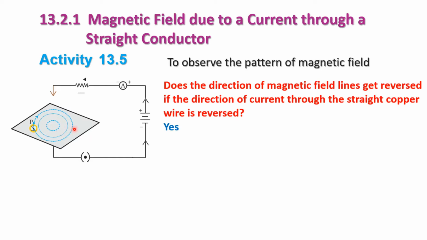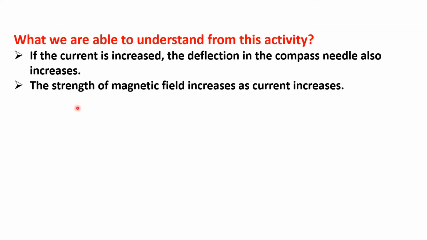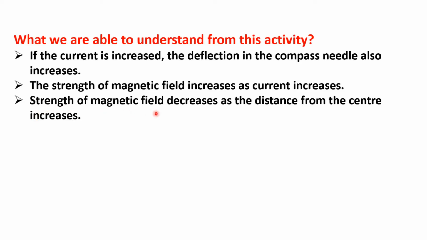As we take it away, this deflection will go on reducing. The strength of the magnetic field increases as the current increases. Also, the strength of magnetic field decreases as the distance from the center increases. Distance from the center means what? Distance from the conductor increases.